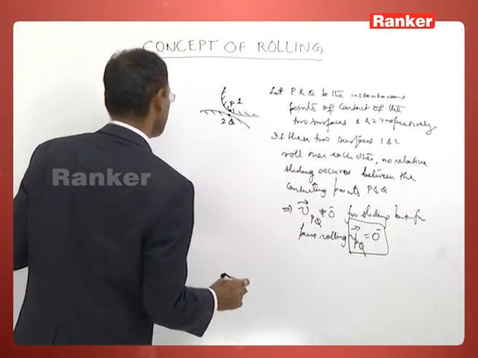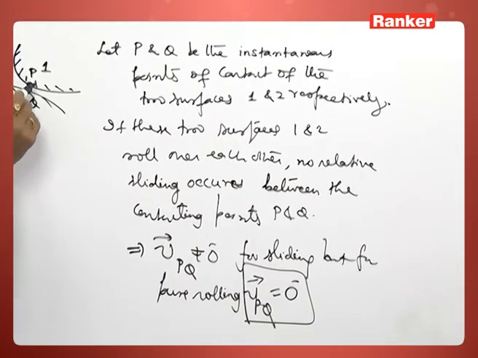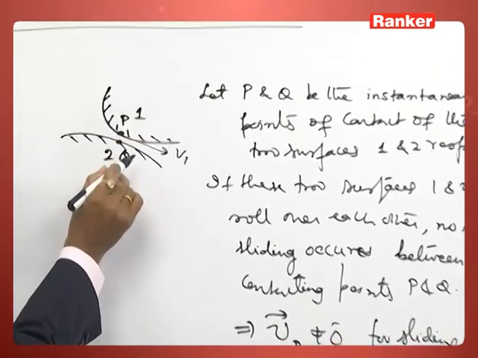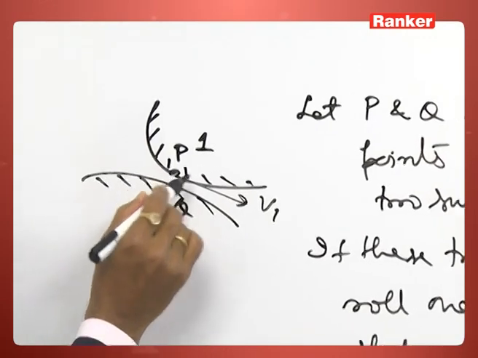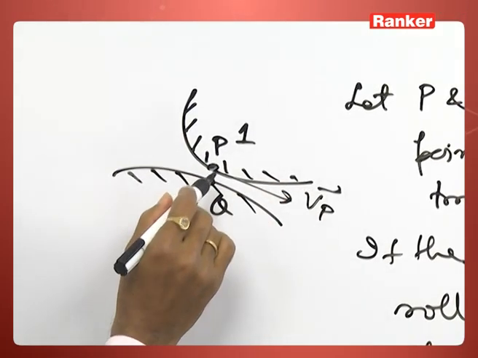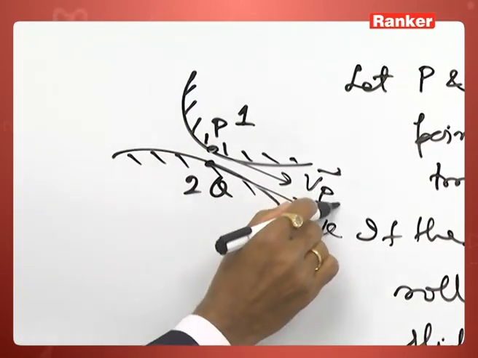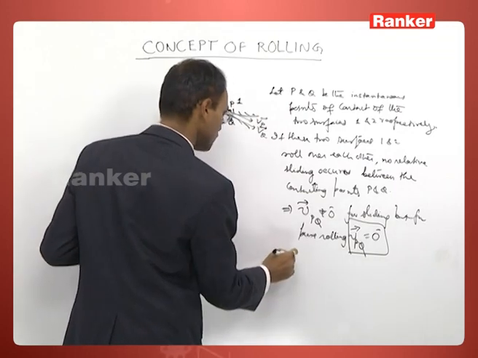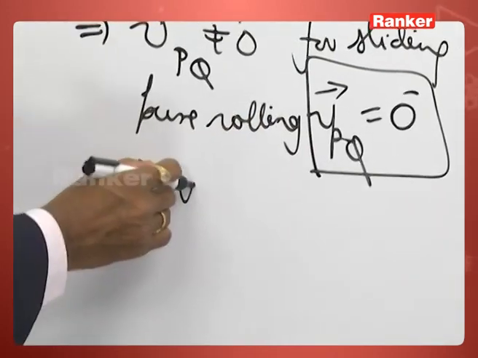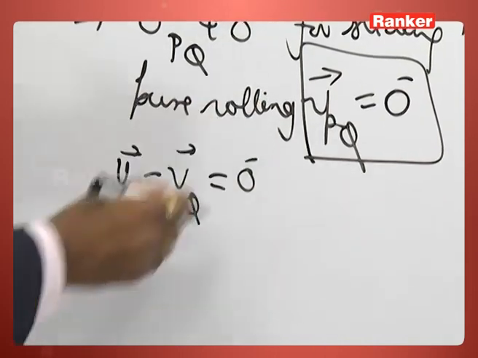Let us take the velocity of point P of the surface 1 as vp, and the velocity of the point Q of the surface 2 as vq. So, relative velocity between these two points can be written as vp minus vq, or vq minus vp, is equal to 0.